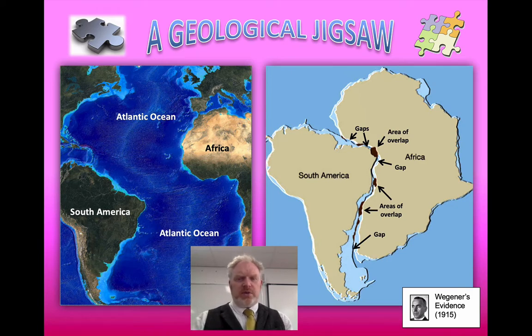There are some issues, though. If you look at the map on the right, you'll see that there are some places where there are gaps between the continents and some areas where we get a bit of overlap between them. It's not quite a perfect fit. Why do you think that might be?